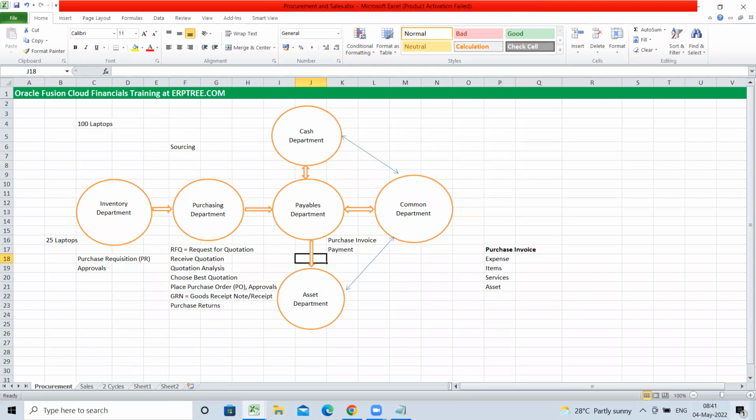If the purchase invoice is an asset related purchase invoice, the payables department will share that information with the asset department. Based on that information, the asset department will create a fixed asset in their books.